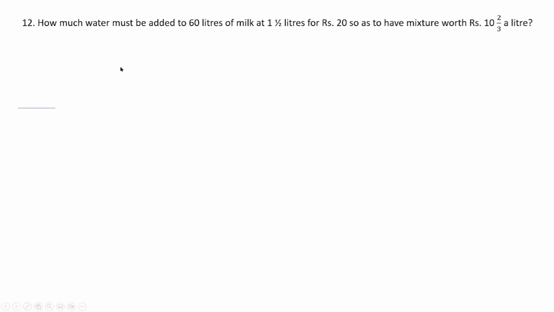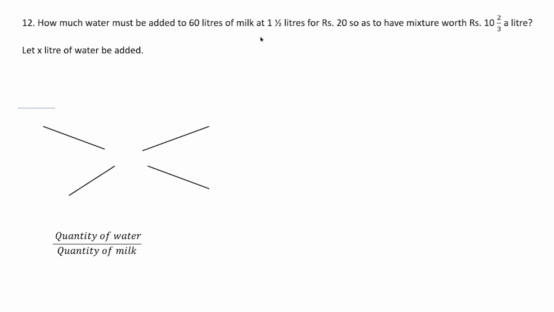Next question. How much water must be added to 60 liters of milk at 1.5 liters for rupees 20 so as to have a mixture worth rupees 10 2 by 3 a liter? So here it is given 1.5 liters of milk is rupees 20. Now let x liters of water be added.